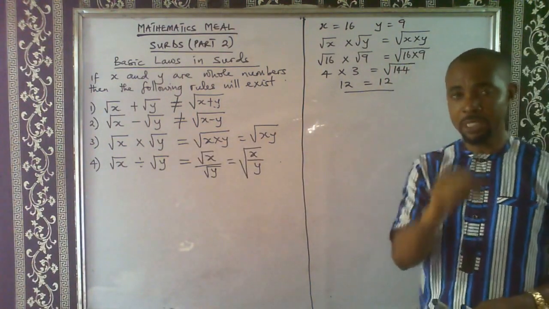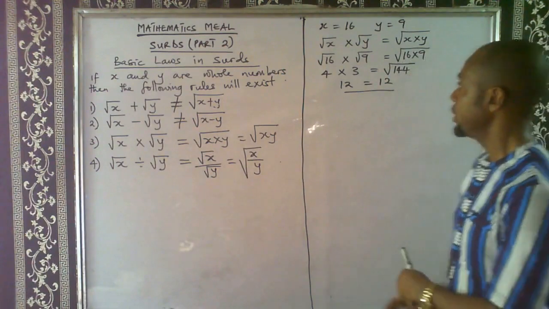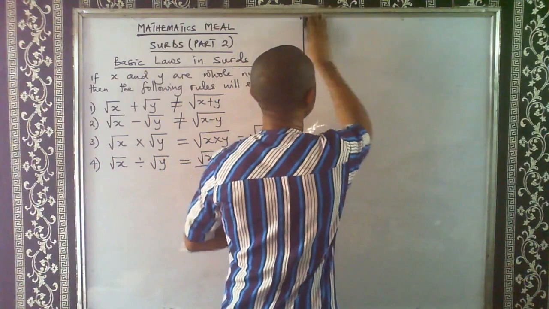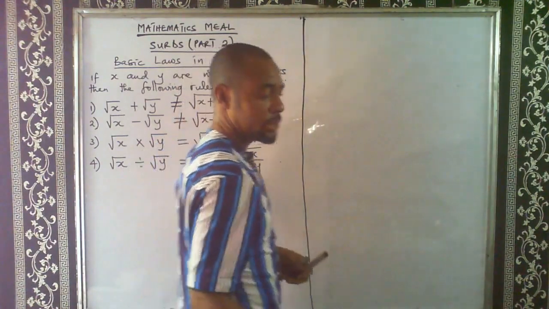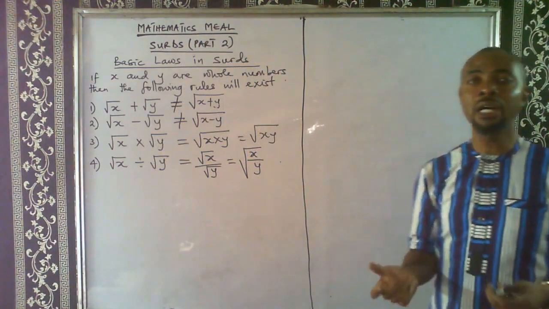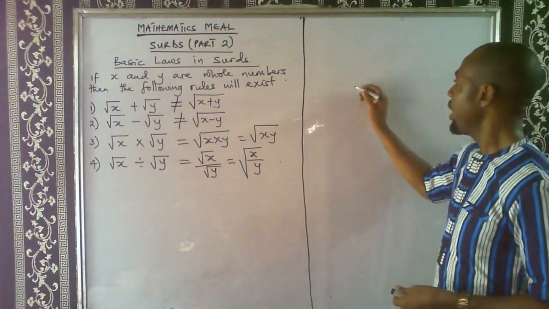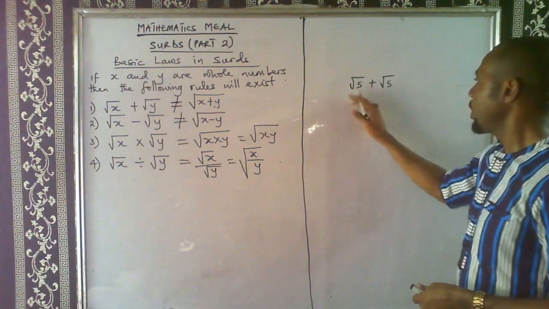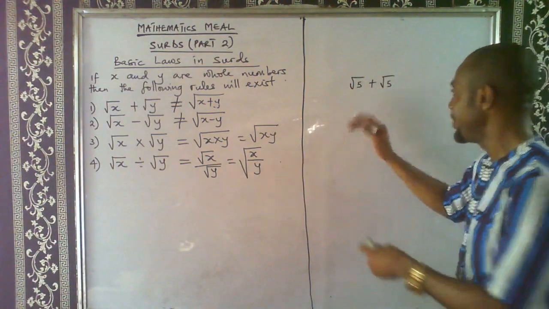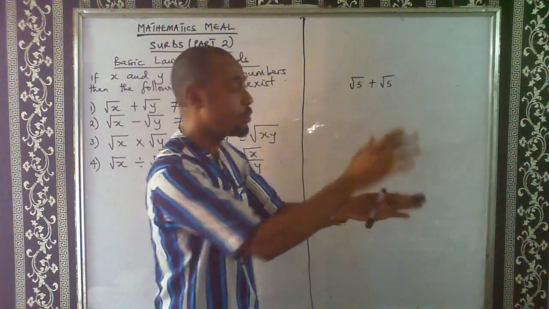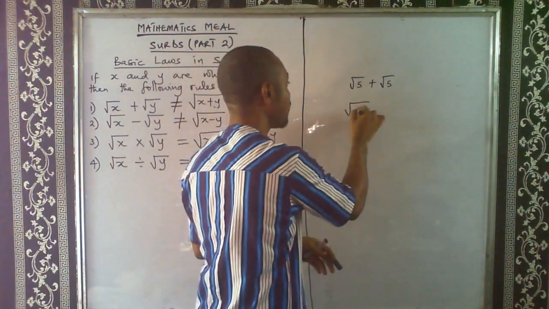And what is that one? Division. So these laws are very necessary so that when you are trying to carry out other operations, by the time we begin simplification of surds, maybe one where we now have square root of 5 plus square root of 5, you will not make the mistake of trying to do square root of 5 plus square root of 5, and something will start pushing you, and then you will just write square root of 5 plus 5.